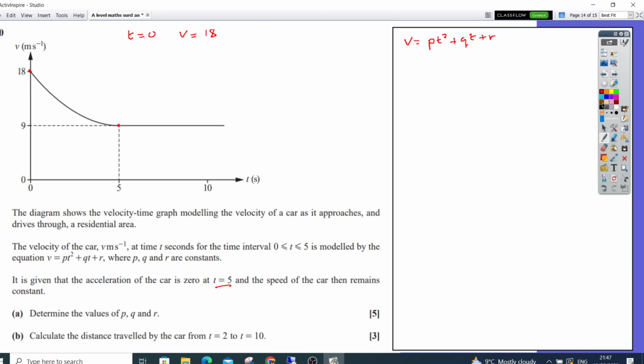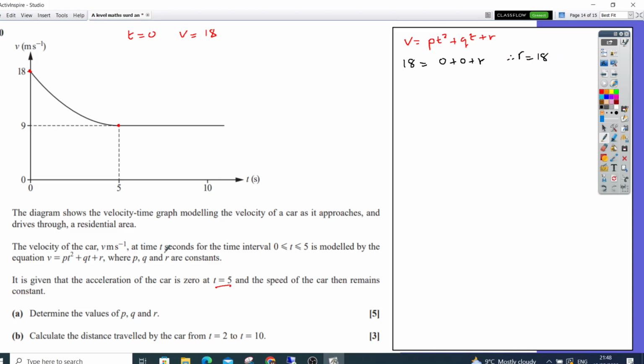When time is 0, the velocity is 18. Time is 0, so 0 times anything is 0, so that's gone, and you're just left with r. So now you know r is 18.